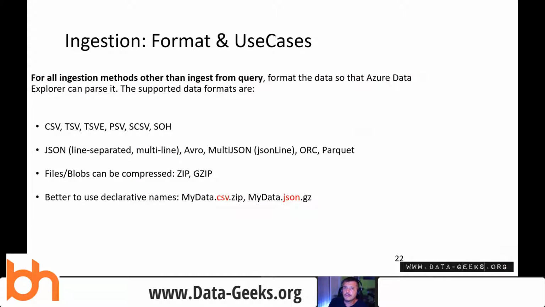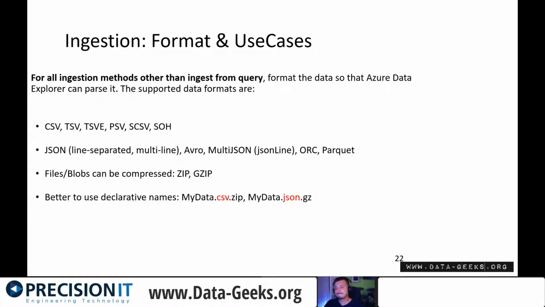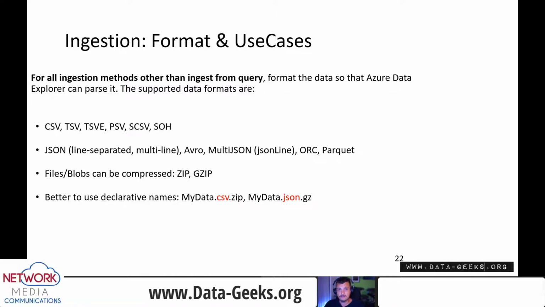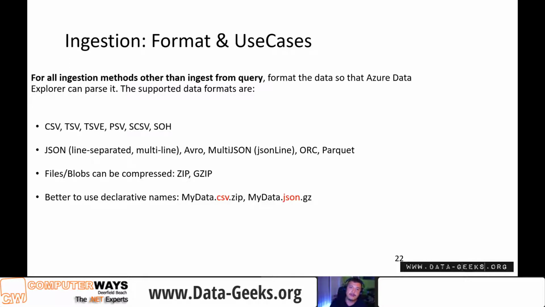About formats. Oh, there are too many formats for me. And two things are important to say. The first one, choose correctly the format, because the performance and the capability of ingesting data depend on the format, because sometimes it's not possible.